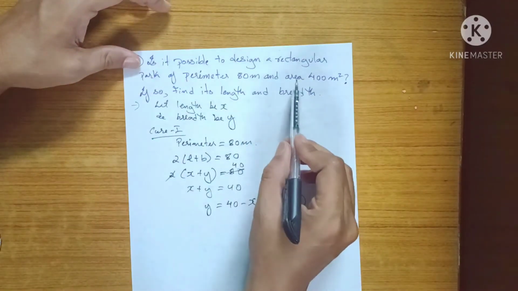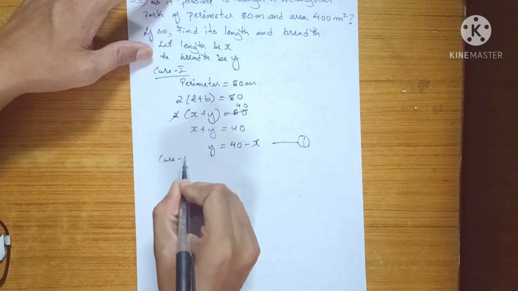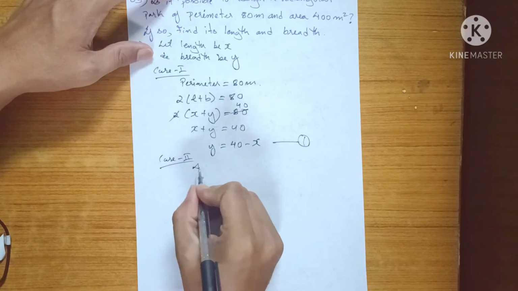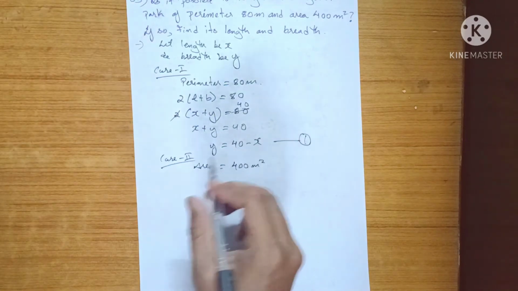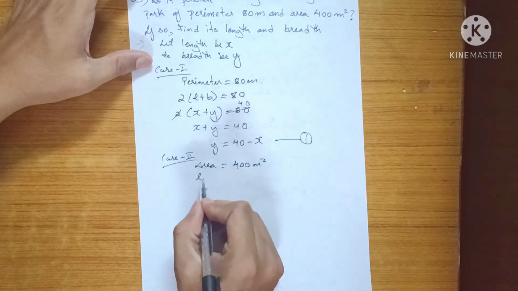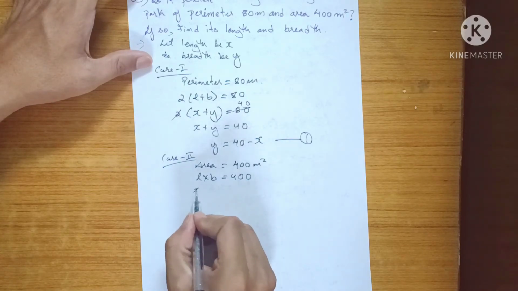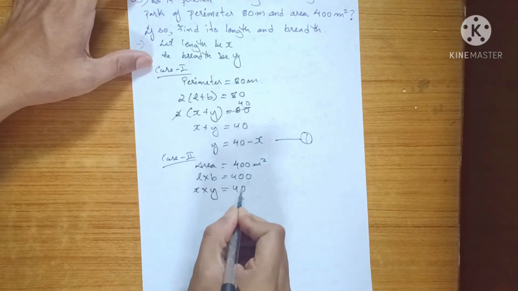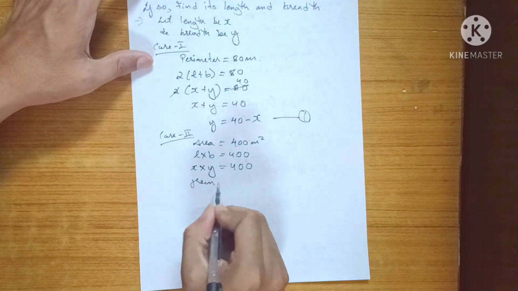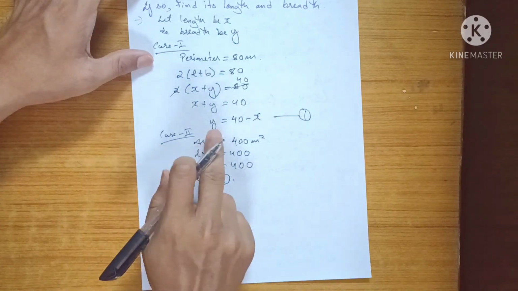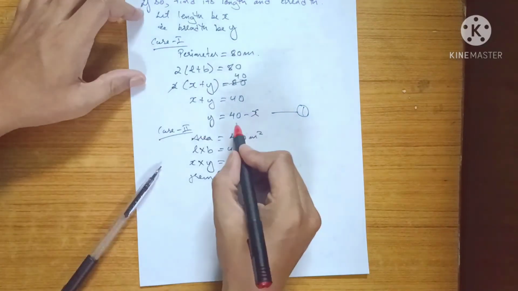Next, they're saying the area is 400 meter square. So case 2. Area equal to 400 meter square. But area is given by length into breadth, and length into breadth is x into y only. But from equation 1, y equal to 40 minus x.